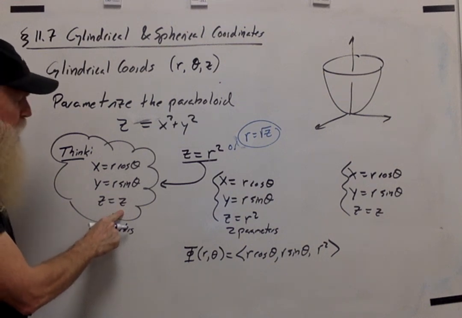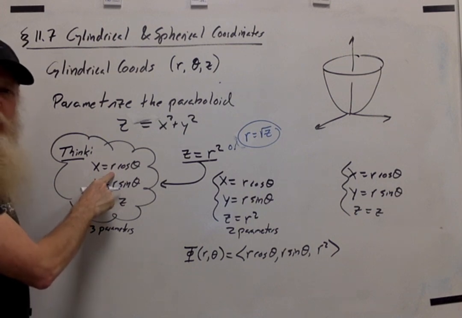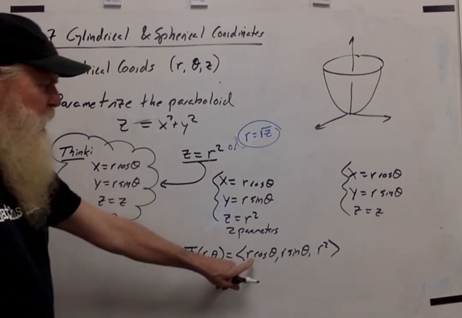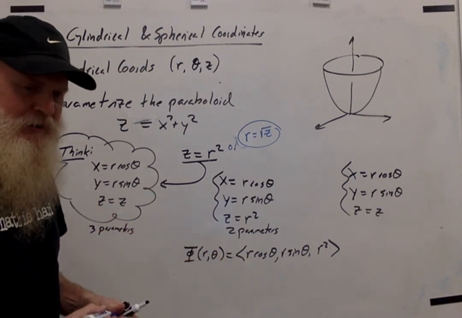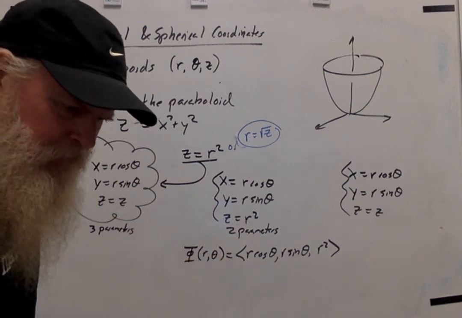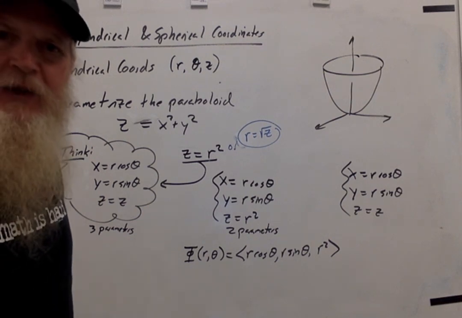And then my parameters would have been z and theta. But notice that then I would have had square roots in my parameterization. And I know that calculus is easier without square roots than with square roots. Actually, I'm going to split this into two videos since this one's getting long.